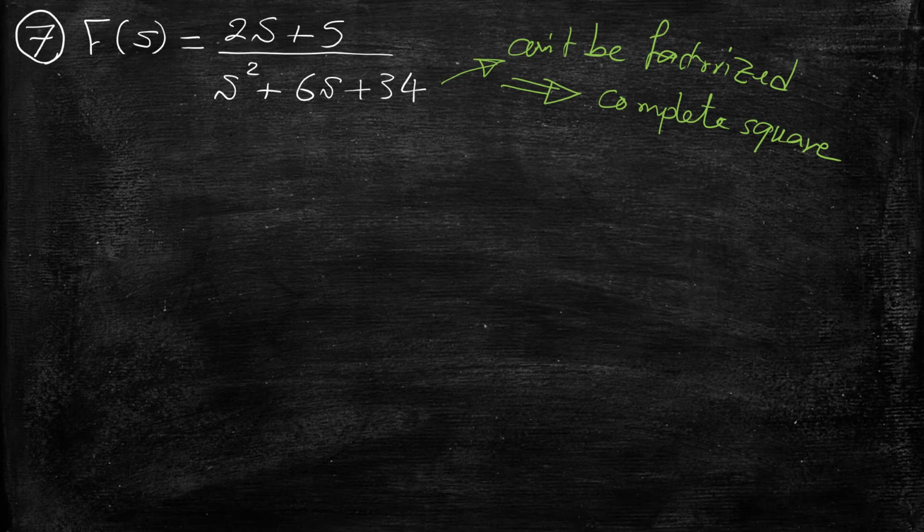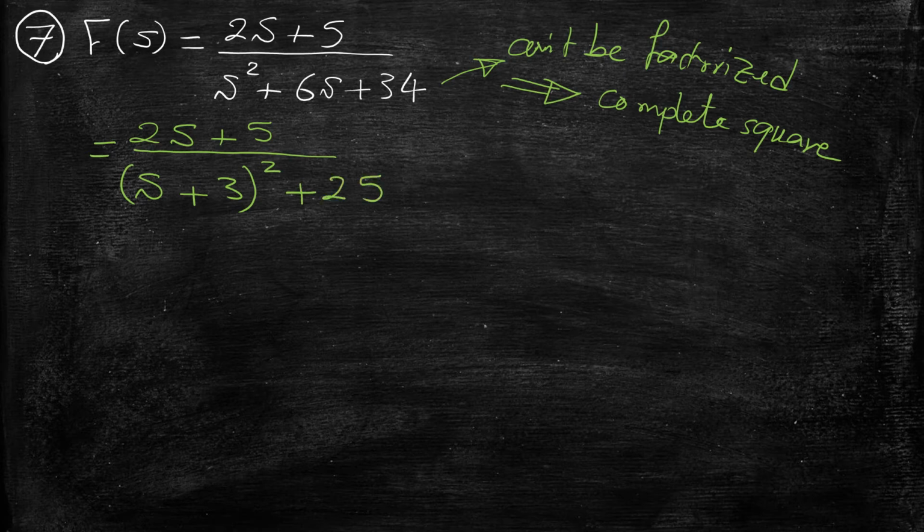So this s² + 6s + 34 can be rewritten as, I'll keep the same numerator till the moment, and then (s + 3)², and then from this term we will get plus 9, and then there is a 34, so 34 minus this 9, we will end up with 25.